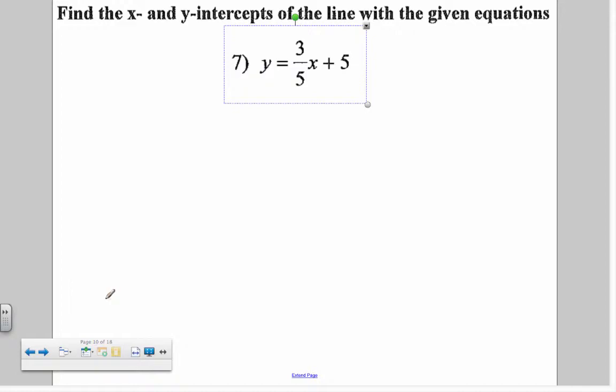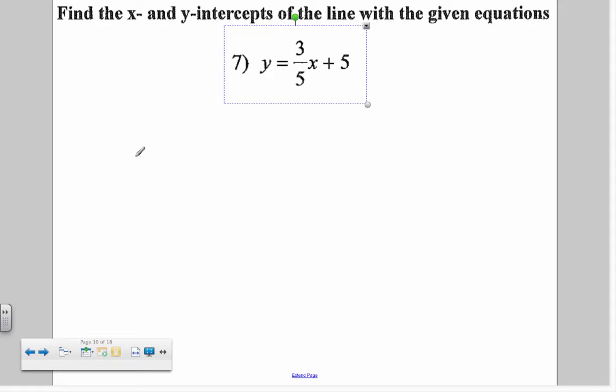Okay, next problem says find the x and y intercepts of the line with the given equation. So here I have an equation in slope-intercept form, y equals 3/5 x plus 5. In class, we talked about finding x and y intercepts by plugging in 0 for the opposite of the desired variable.